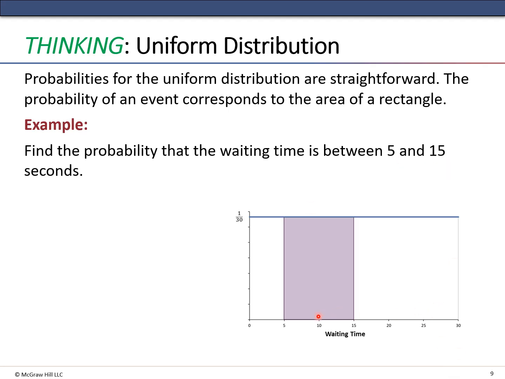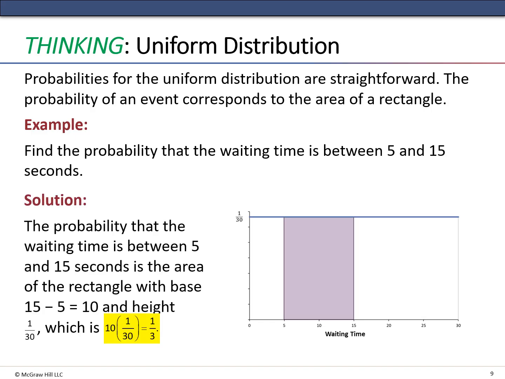So again, we can see that the width of this rectangle is between 5 and 15, so that's 10 units. And we know the height is 1 over 30. So the area here, which represents the proportion, the probability, and the percent of possibilities, is all equal to the same thing: the width, 10, times the height, 1 over 30, or the area under the curve for a specific interval.